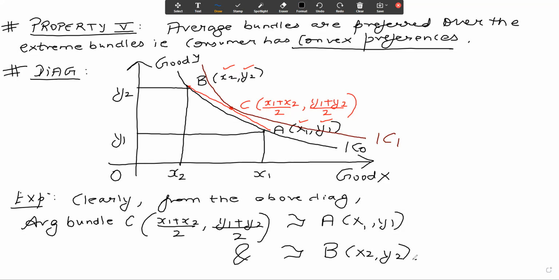So this is the fifth property, and this simply means that the consumer has convex preferences.